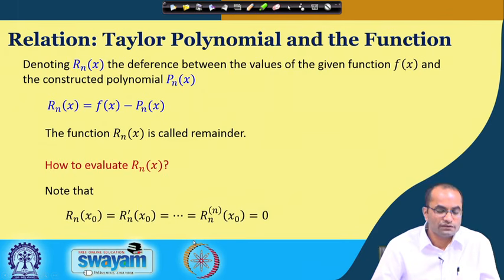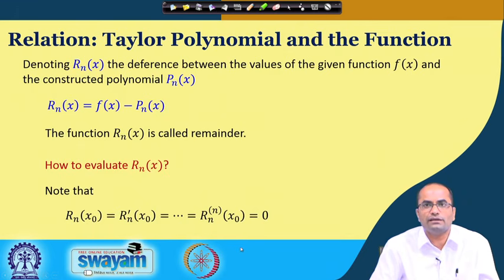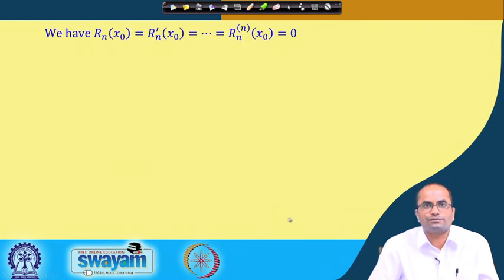This was the construction of this polynomial. So, all these nth order derivatives are equal. Therefore, this R n at point x 0, the first derivative at point x 0, up to the nth derivative at point x 0, all are equal to 0. So, we have these conditions on R n x.